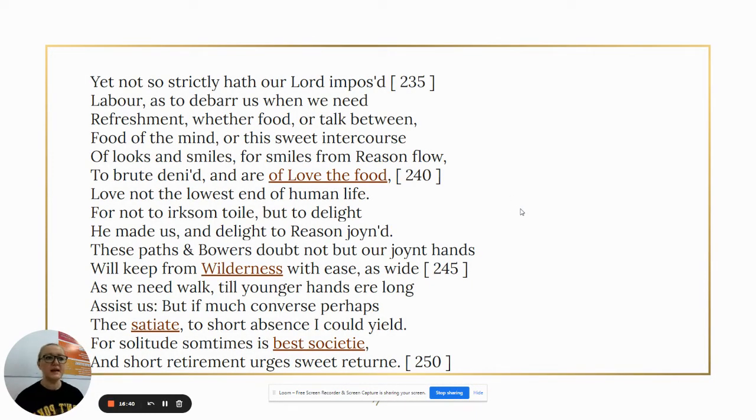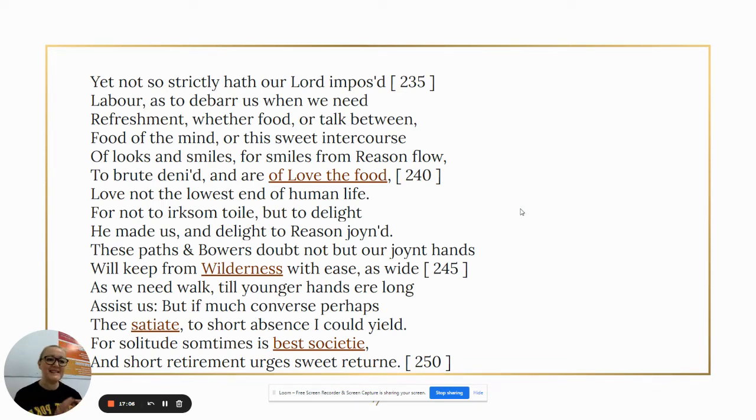And Adam points out that, listen, God's not said to us that we can't stop and talk, right? Because refreshment is necessary, whether that's refreshment in terms of food or food of the mind. So it's fine if we need to stop and chat. And that's what makes us different to the animals, you see, that we can stop and have this conversation.